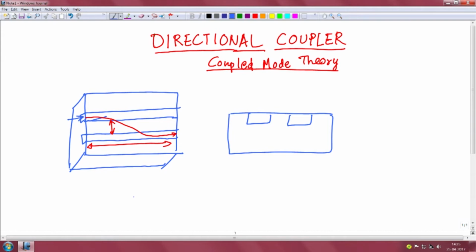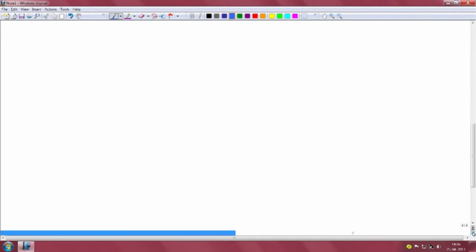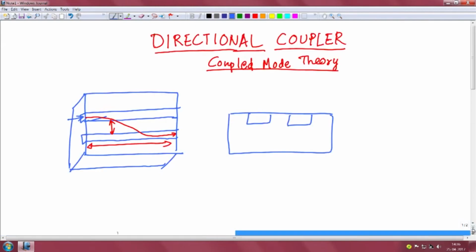So, we have to solve the wave equation for the field distributions, and of course, the refractive index profile is more complicated than what we have seen earlier. So, let us consider the 2D version of this directional coupler. We have been following a scalar approach.